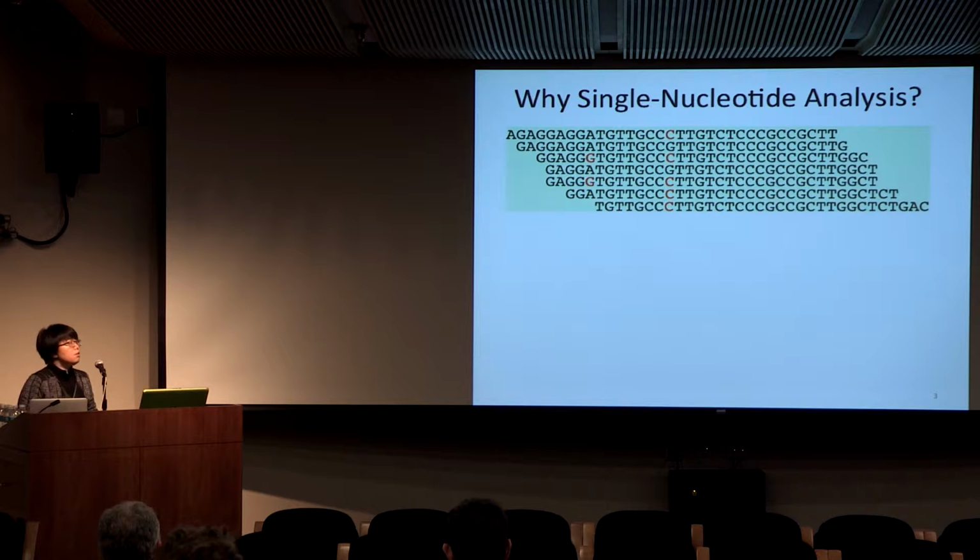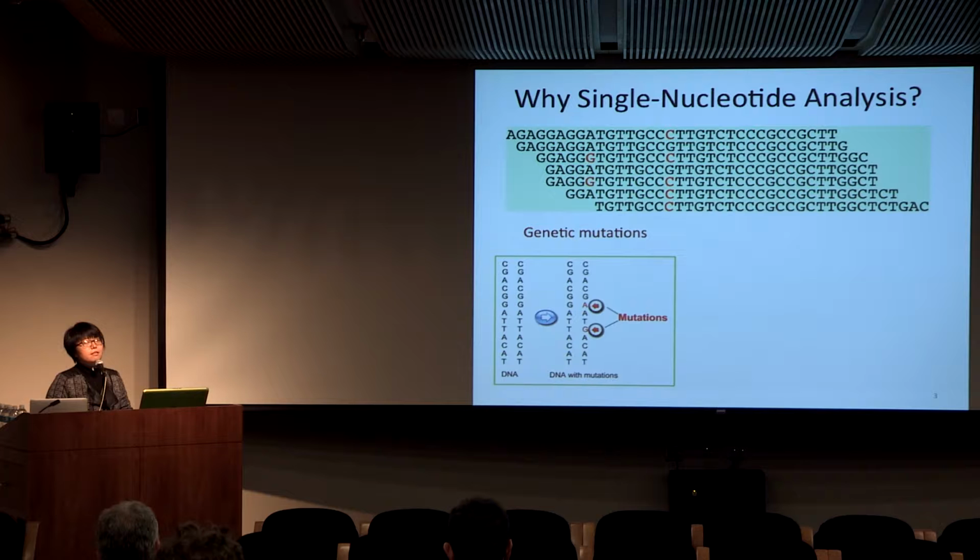Okay, so why do we do single nucleotide analysis from RNA-seq reads? This is just a cartoon showing you the different reads lined up, and there are single nucleotide variants at different positions, and this is typically seen in RNA-seq data analysis. Other than sequencing errors, which we could detect and remove, one type of single nucleotide variant that can be present in the RNA-seq reads would be genetic mutations, obviously.